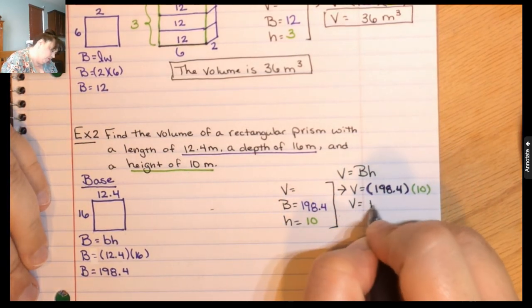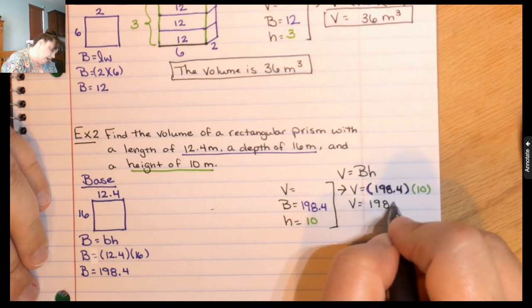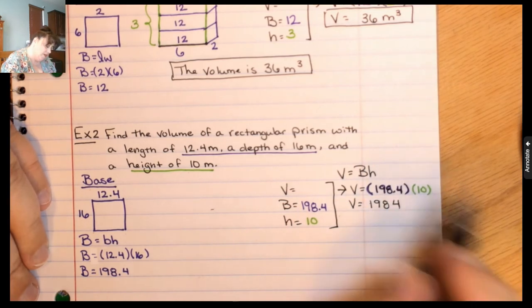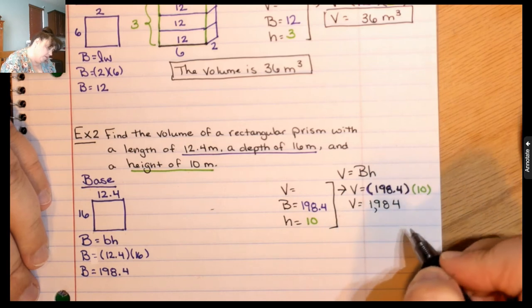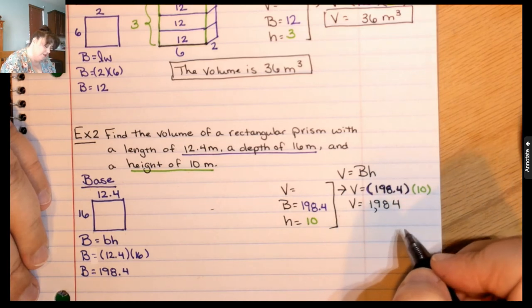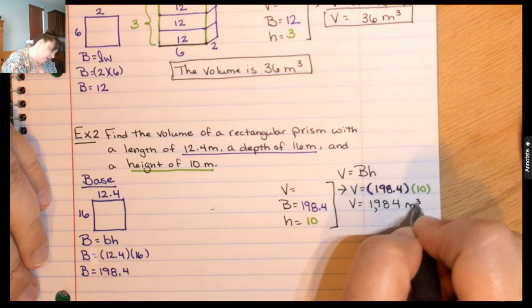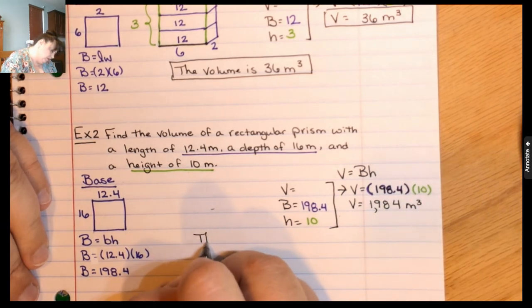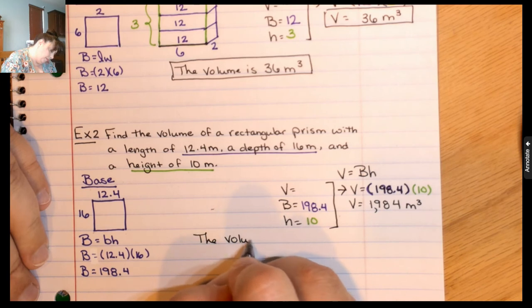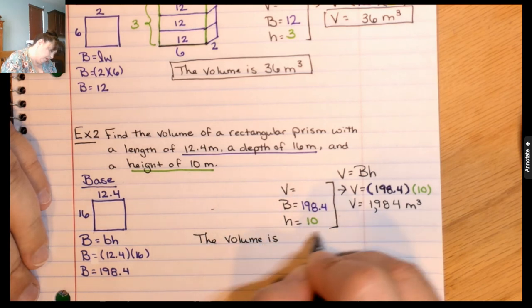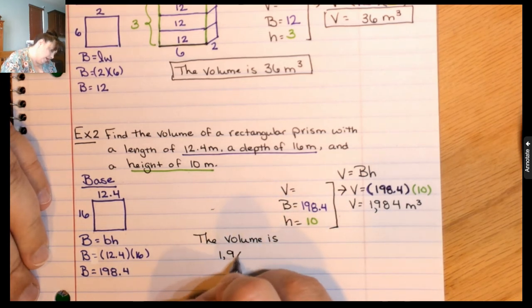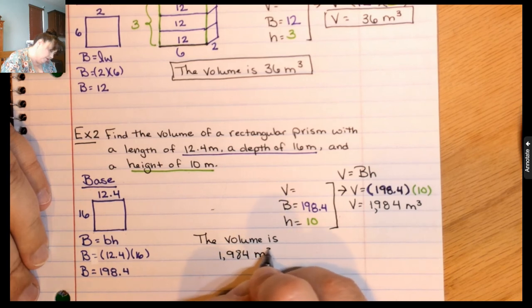My volume is 1,984 meters cubed. So the volume is 1,984 meters cubed.